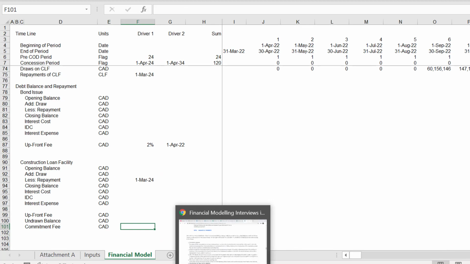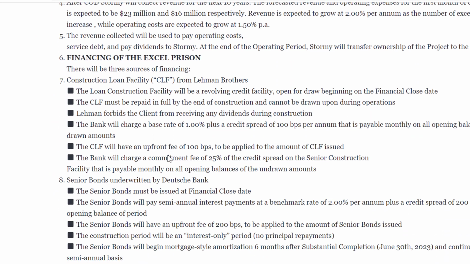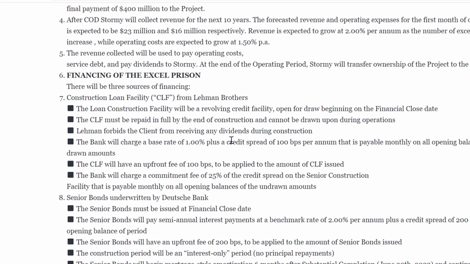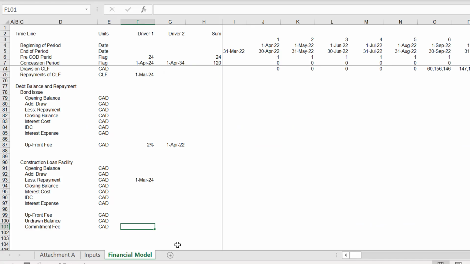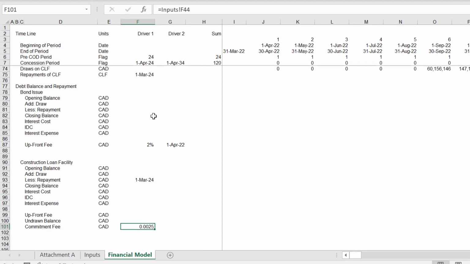Let's read what they said about the commitment fee again. There's our Excel prison. They will charge a commitment fee of 25% of the credit spread. And the credit spread is 100 bips. I've never said bips before in my life. Per annum. So the commitment fee is this, but don't forget that that's a per annum amount.